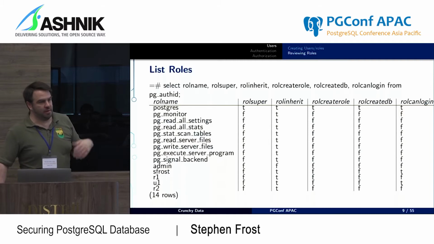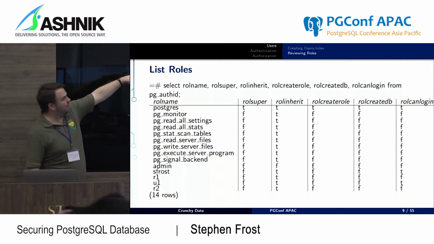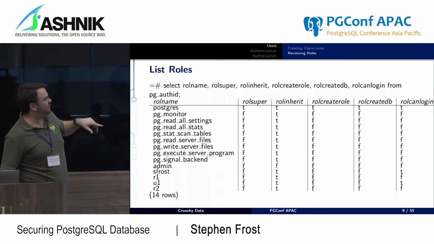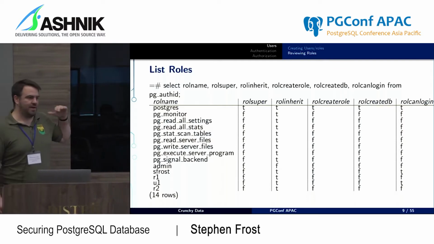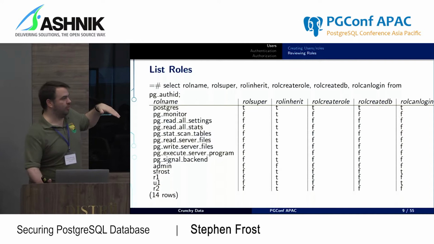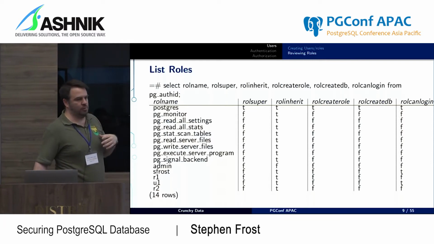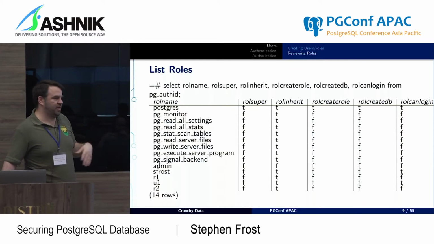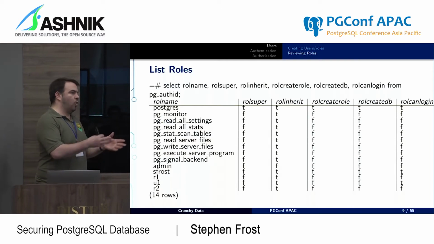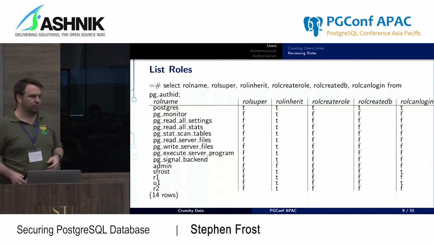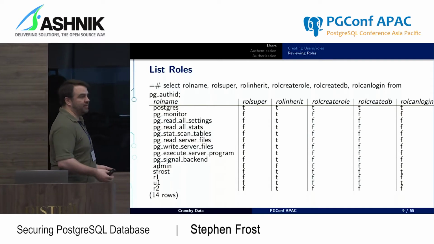pg_monitor is granted the pg_read_all_stats and pg_stat_scan_tables roles. And the reason for that is that pg_monitor is actually a role that you would typically grant out to, say, Nagios or Icinga or Prometheus or whatever role is logging in for these different tools to be able to monitor the database, right?